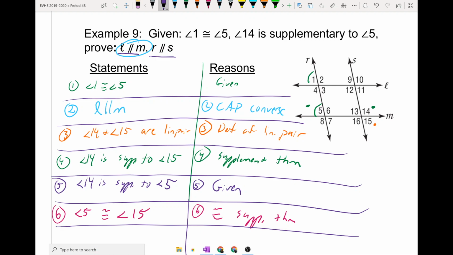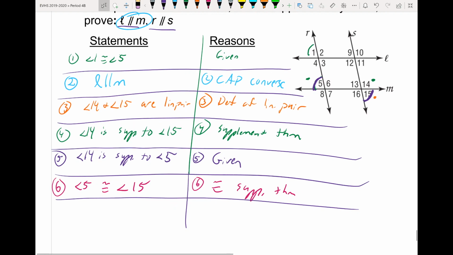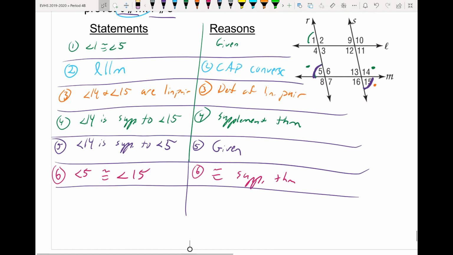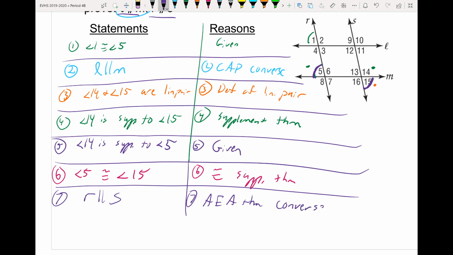And now that I know that angle 5 is congruent to angle 15, are 5 and 15 one of my special pairs? Yes. What kind of pair are they? Alternate exterior angles. All right, alternate exterior angles are congruent. That tells me that R is parallel to S. That's the alternate exterior angles theorem converse.